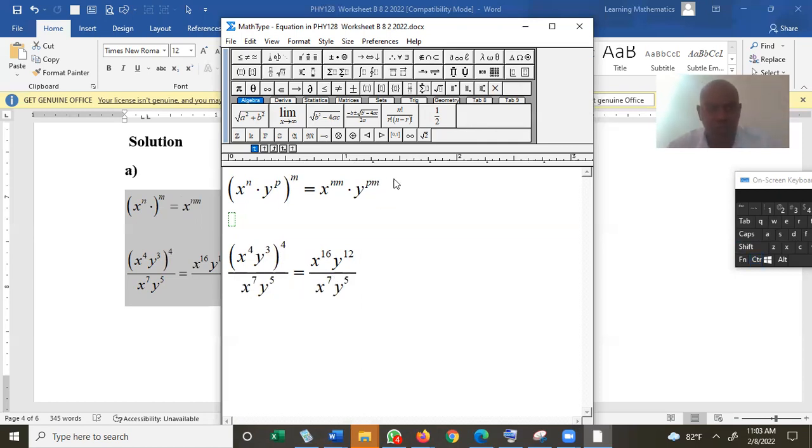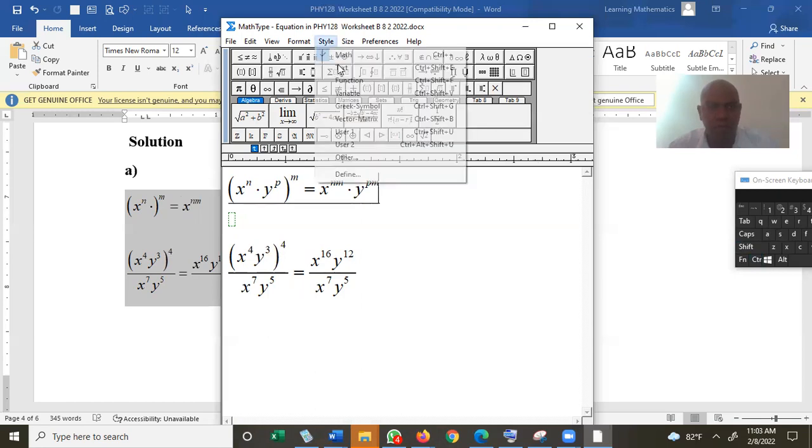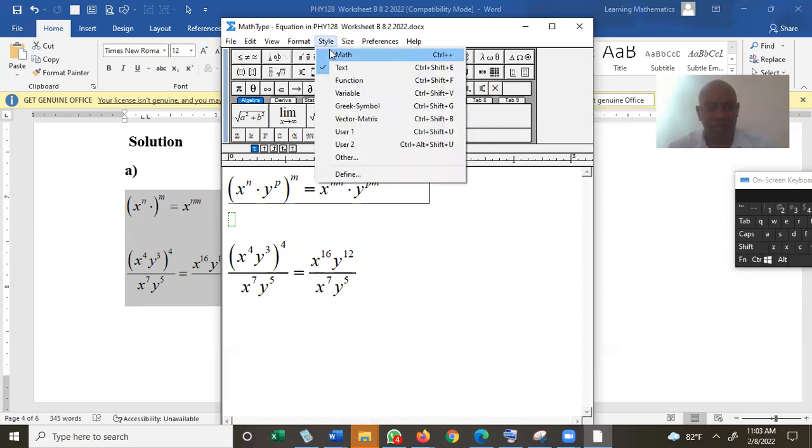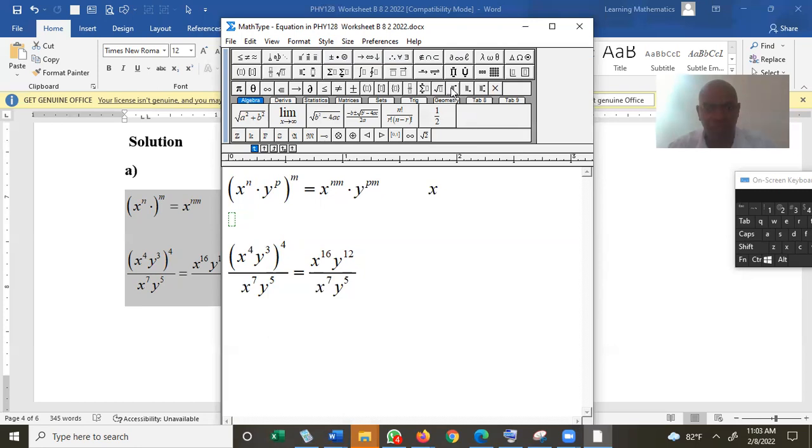Now we're going to apply another rule. When your base is the same, you have x to the n, for example, divided by the same base.